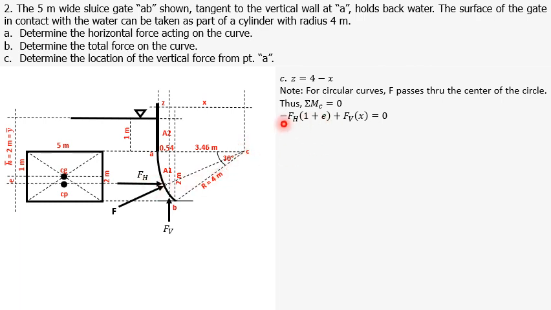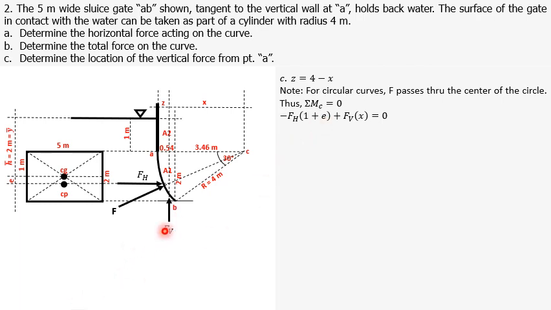So we have negative FH times the perpendicular distance of FH from point C, which is 1 plus E. So E here can be solved using the formula.